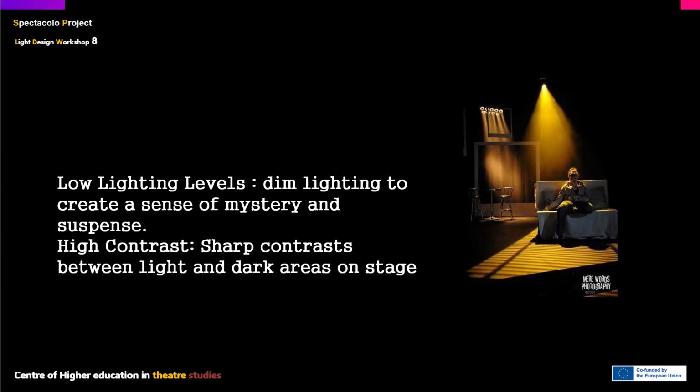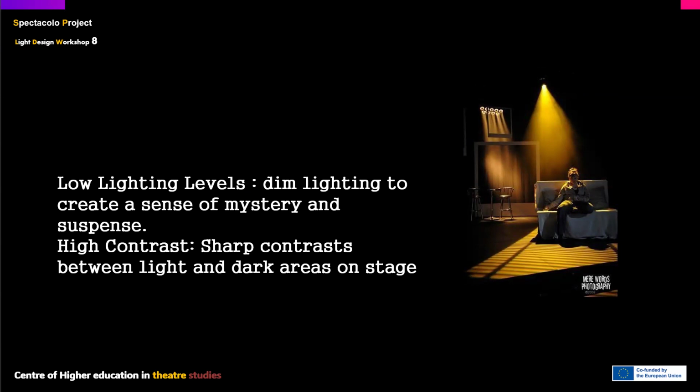First of all, it is low lighting level. The difference between light and dark is extremely big. So often the thriller performances utilize dim lighting. Dim lighting, I mean that you have to play with console and the dimmers. I hope that you remember what is dimmer.